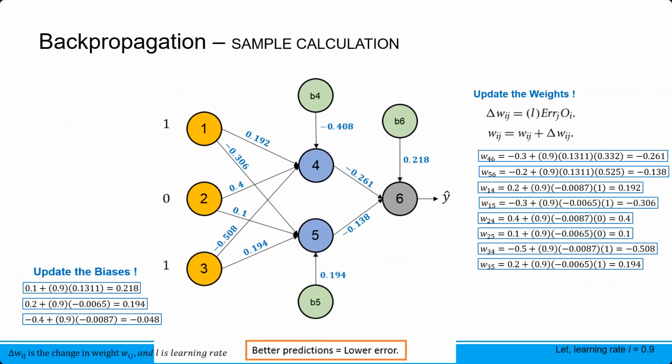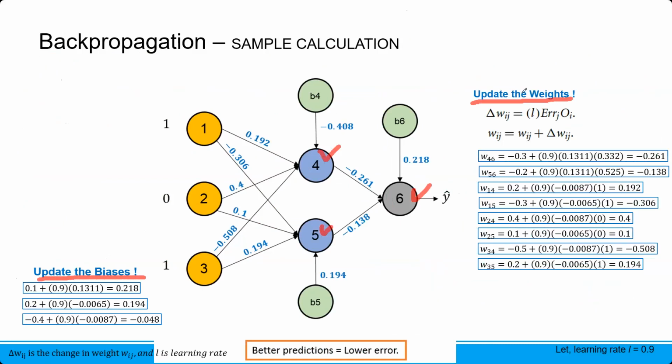After we have the error, we have this error on node 6, we have the error on node 4, and we have the error on node 5. So we can update the weights and we can update the bias. What is the meaning of updating the bias and updating the weights?